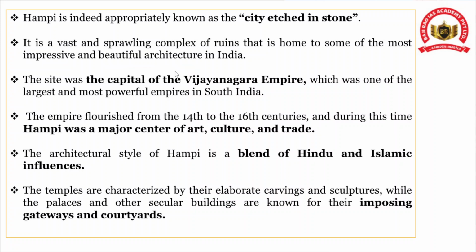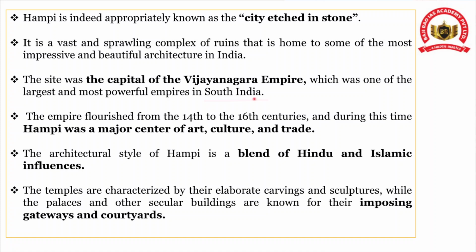Hampi is now recognized as a UNESCO World Heritage Site. The reason for this recognition is that it has the most impressive and beautiful architecture in India. In fact, the city of Hampi was the capital city of the Vijayanagara Empire. The Vijayanagara Empire in the south, which flourished in the 14th to 16th century, was one of the most powerful and largest empires in South India.